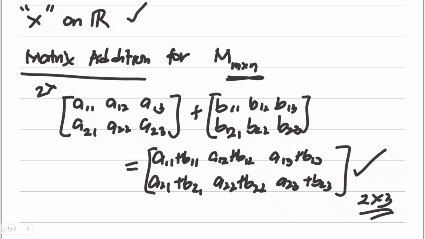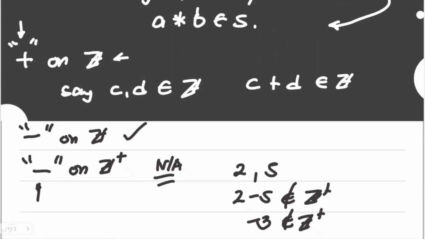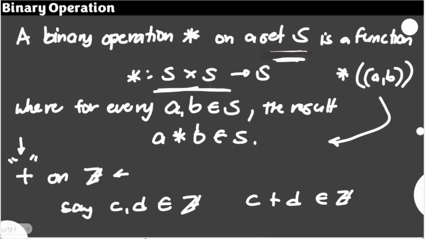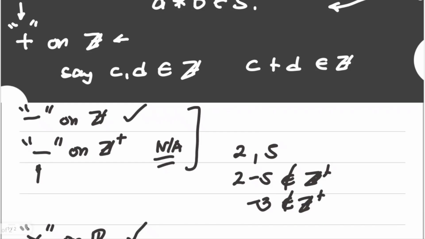This means that matrix addition for matrices described as M by N is also a binary operation on the same set. So what I'm pointing out here is it's important to identify what type of set we are talking about, because examples like this may have different conclusions if we have different types of sets.